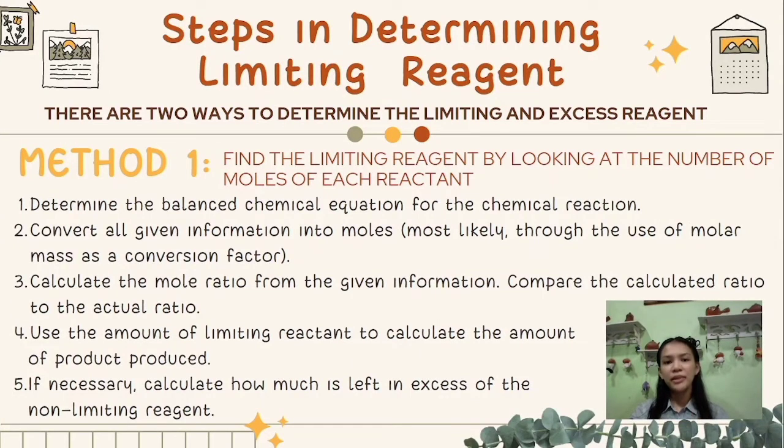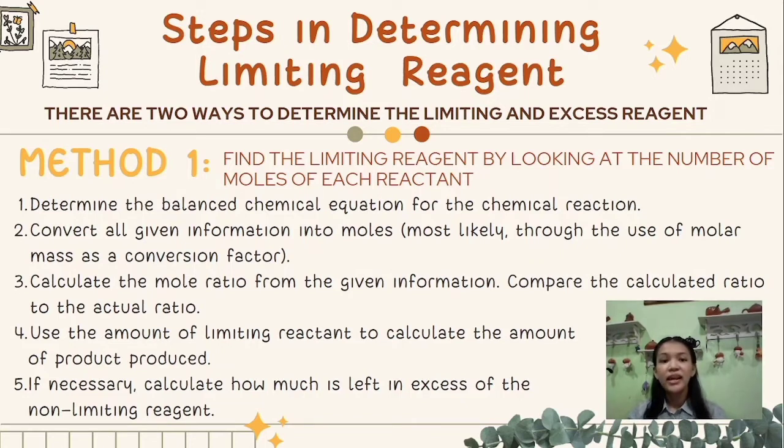For us to determine the limiting and excess reagents, we've utilized two methods. Shown on the screen is the first method that we used, which is to find the limiting reagent by looking at the number of moles of each reactant. The first step in this method was to determine the balanced chemical equation for the chemical reaction.